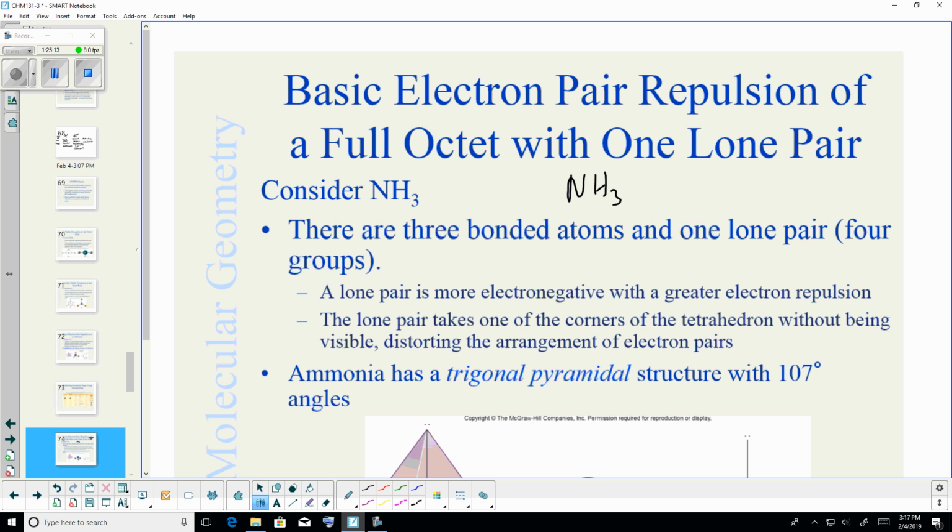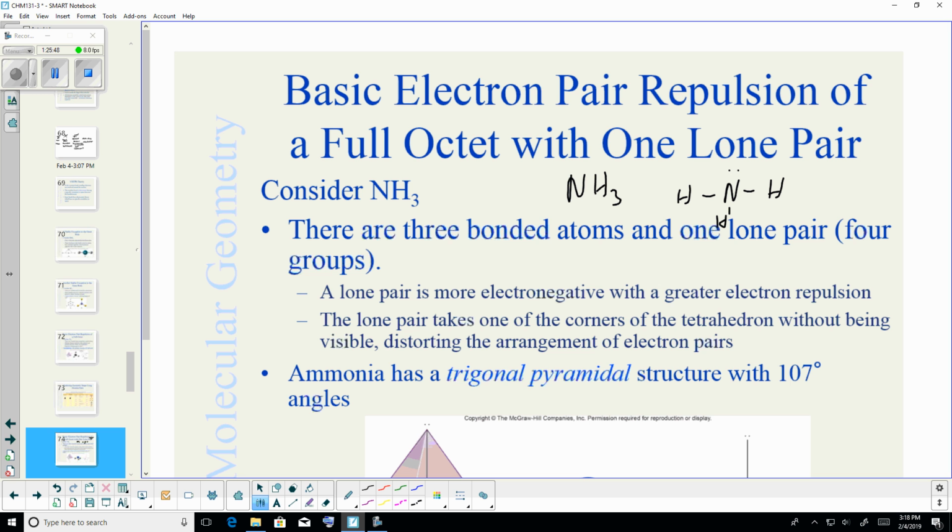Remember, there's 8 valence electrons, and the Lewis structure was N, H, H, H and the lone pair. You look around the central atom and see how many things are attached to that atom. A single bond counts the same as a double bond, counts the same as a triple bond, counts the same as a lone pair. So if you look around this nitrogen, it has 4 things around it. 3 of them are bonds and 1 lone pair.